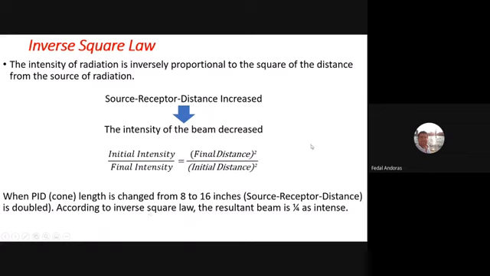Look, just by changing the cone, the distance from 8 to 16, just doubling that, the intensity will go down to a quarter. After applying the formula, the initial one is 8, and the second one is 16. So the final intensity consequently will be a quarter, 1/4.